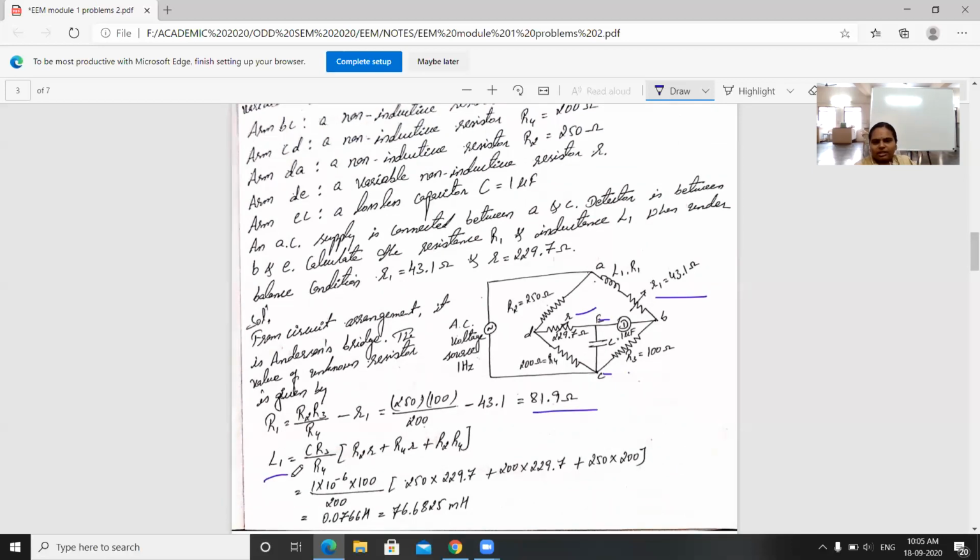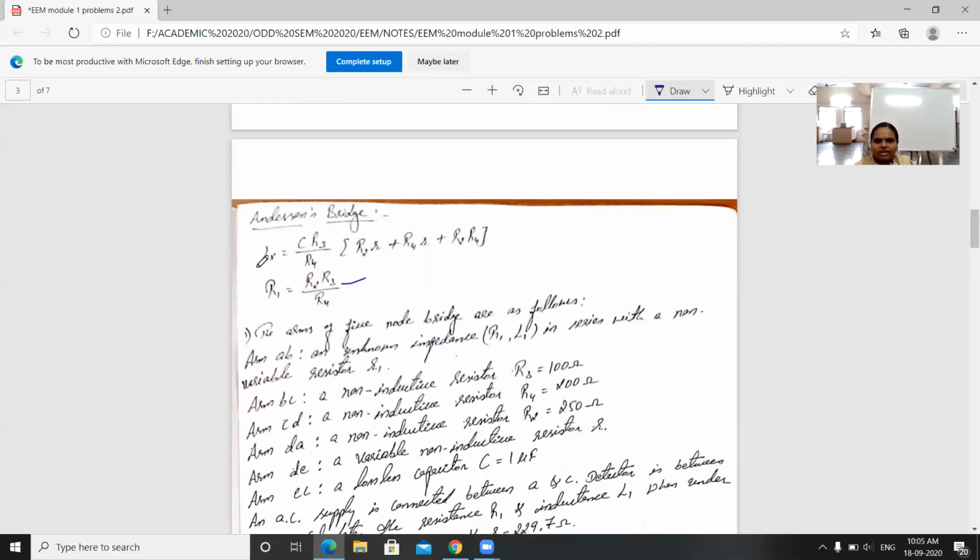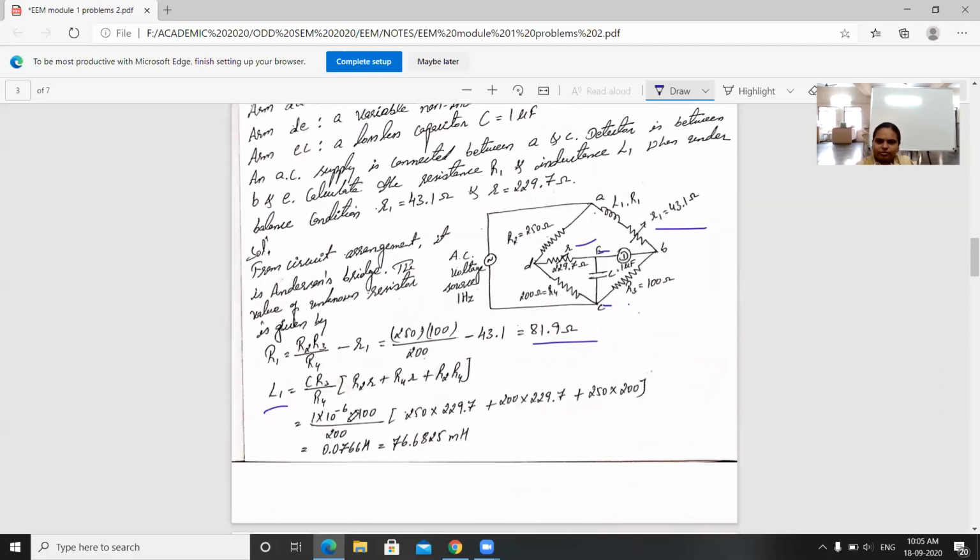Then for inductance, what is the inductance? Lx is equal to C R3 divided by R4, times R2 r plus R4 r plus R2 R4. Same thing, here you substitute.